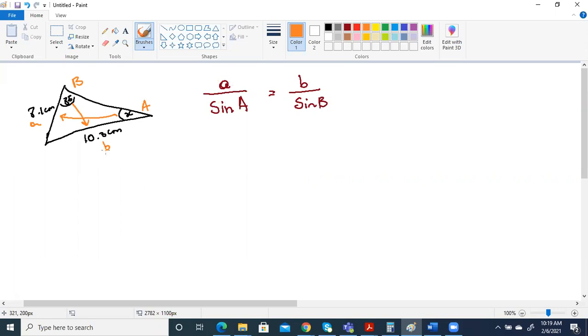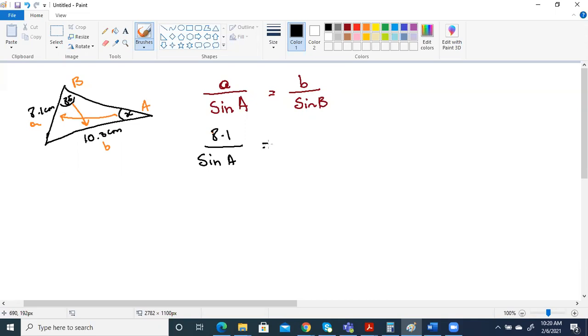So I can then go ahead and substitute in the formula. Small a is 8.1 over the sine of A, because we don't know what it is. That's what we're trying to find. If you choose to put the sine of X here, that's completely fine as well, as long as you have the corresponding proper angle in the numerator.